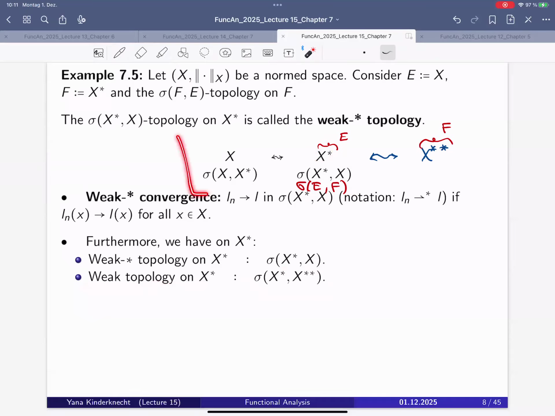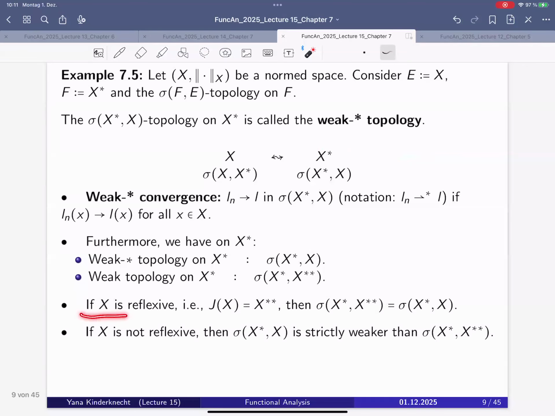Okay, so if we consider this picture, then this topology is the weak star topology. It's related to this guy. But if we consider this picture, there is the topology which is the weak topology, and it is in the left corner, not in the right corner. So what does it mean? This means that on this space, we have two topologies, and it would be nice to compare them.